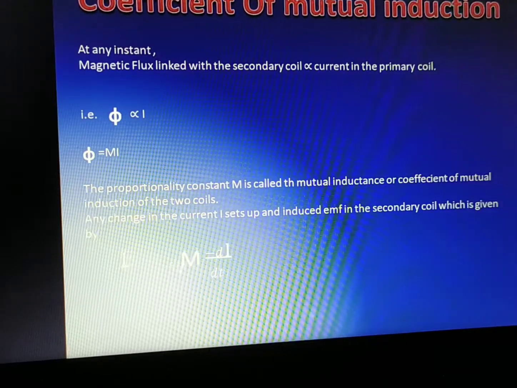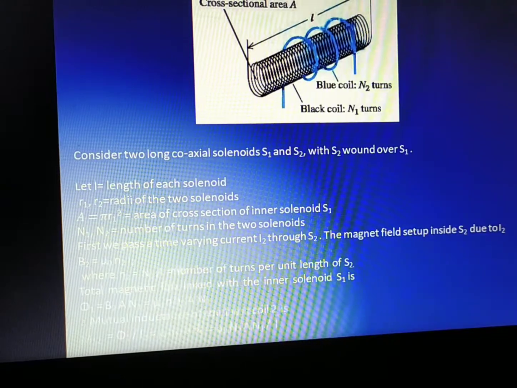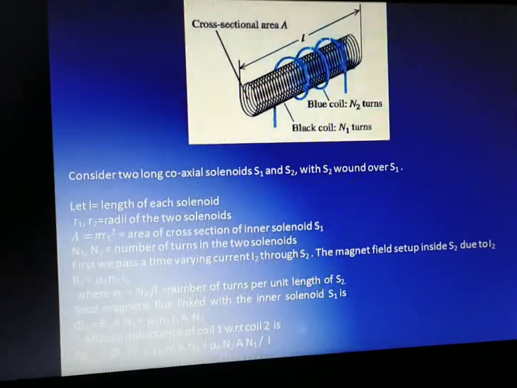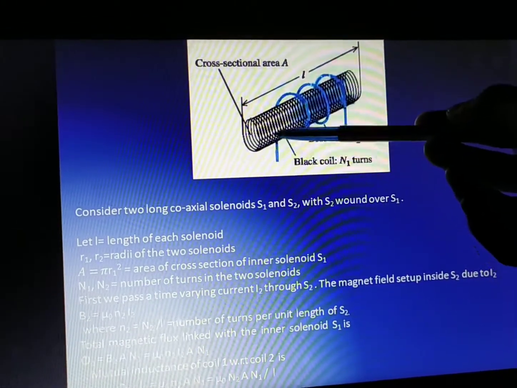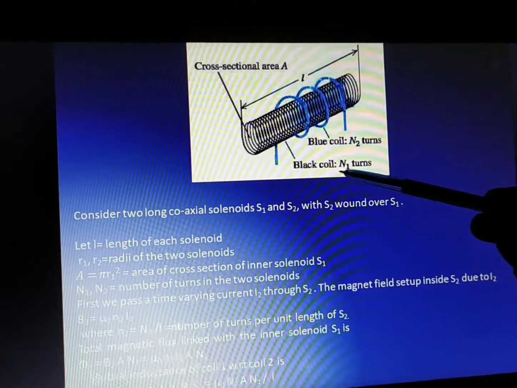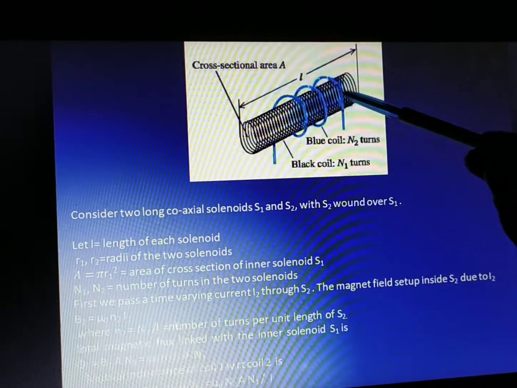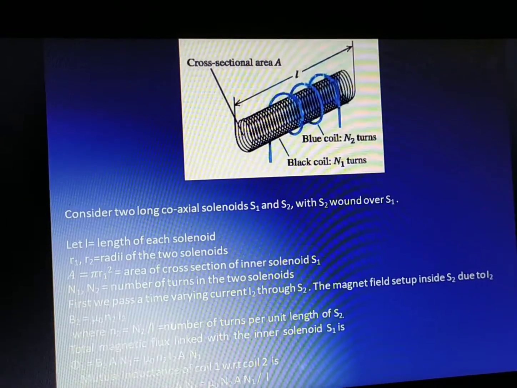Now let us discuss the next thing. As you can see from this figure, we have two coils. One coil has N1 number of turns, and the second coil, in blue color, has N2 number of turns.